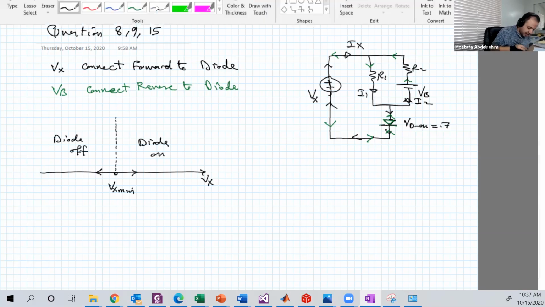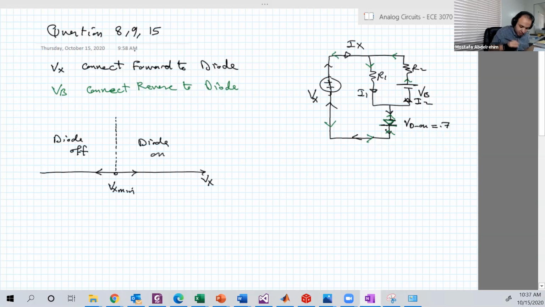But for VB, it's opposite. If this is VB, and this is VB minimum, here the diode is off, here the diode is on.